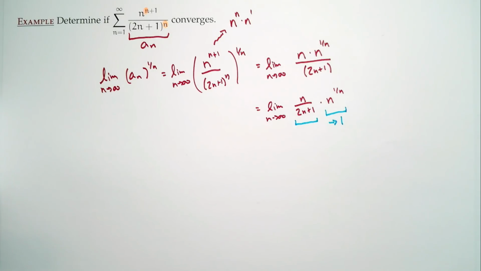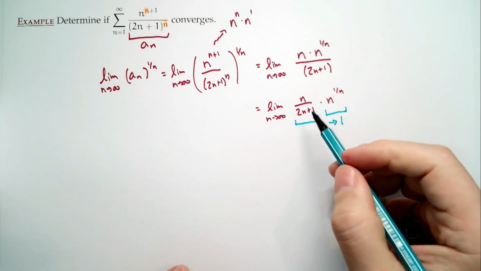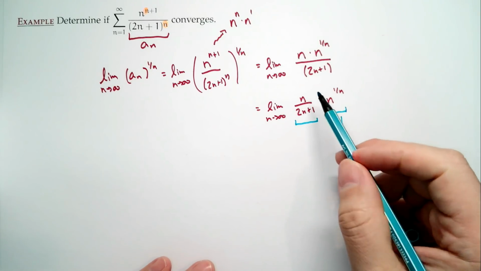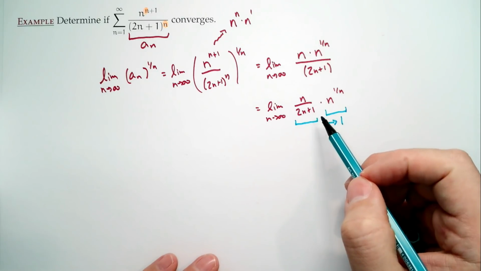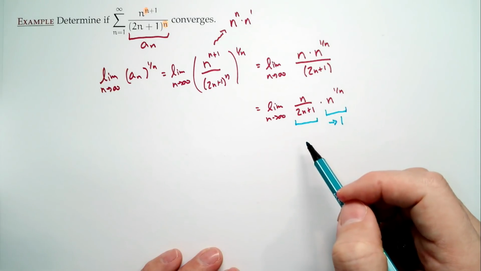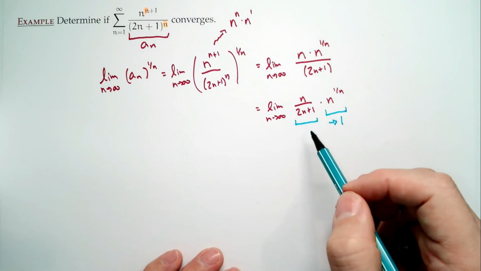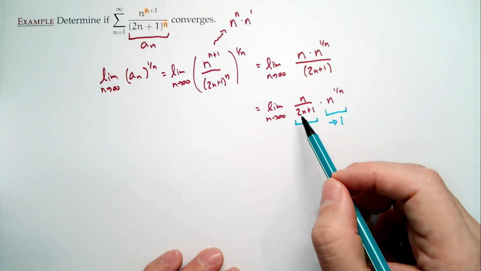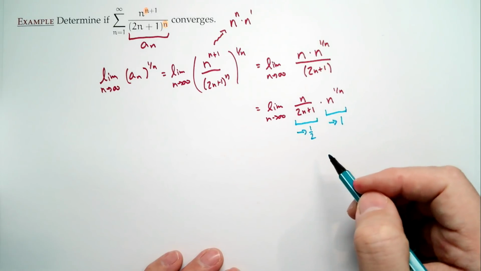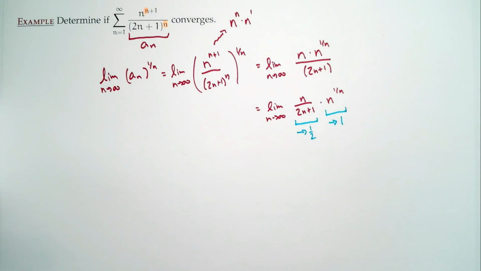What do we have? Well, what we have is a polynomial over polynomial. When you have polynomial over polynomial, what you do is you say, all right, let's look at leading coefficients. So in our case, what are the leading coefficients? It's 1 over 2. So that goes to a half. All right, so what's our limit?